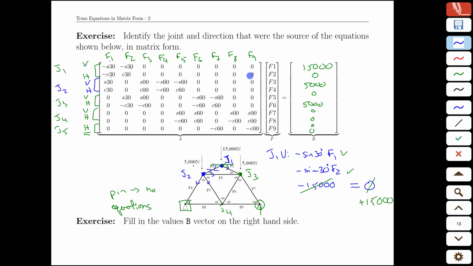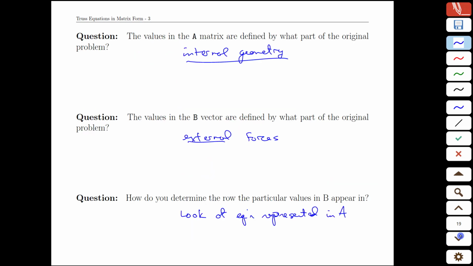The second row of A is all about horizontal forces on joint 1. There's no external horizontal force, so we get a 0 on that. Each row of A represents one equation, and we just need to know where that equation comes from and whether it includes an external force or not.